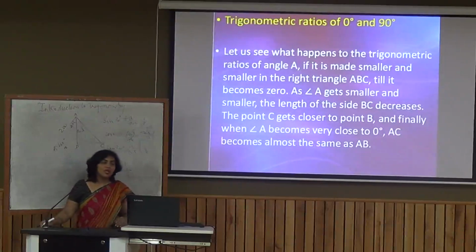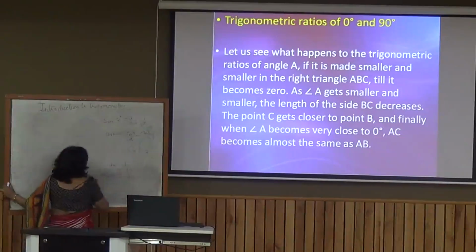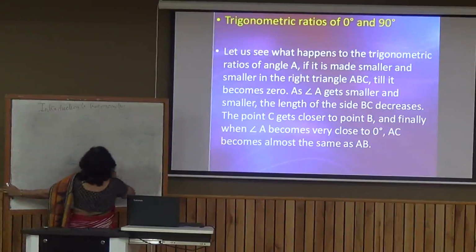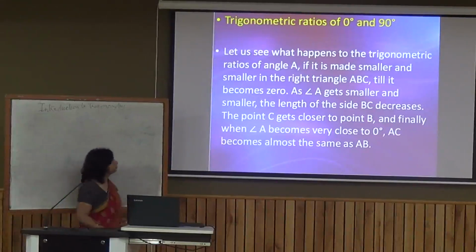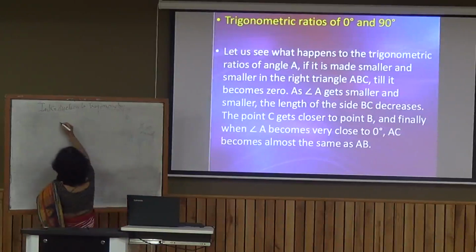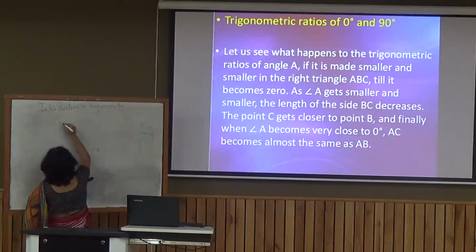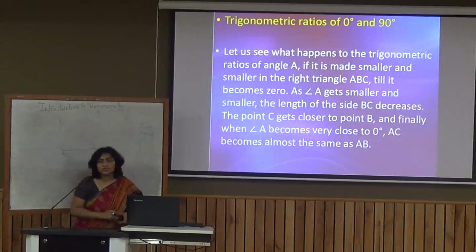Now let us see what happens to the trigonometric ratios of angle A when it is made smaller and smaller in triangle ABC till it becomes 0. As angle A gets smaller, the length of the side BC decreases. This is our right triangle ABC.